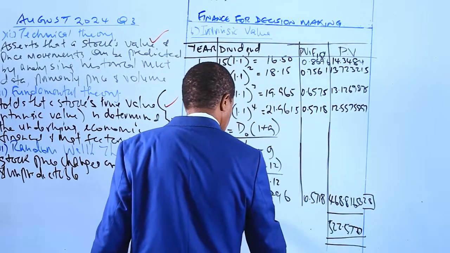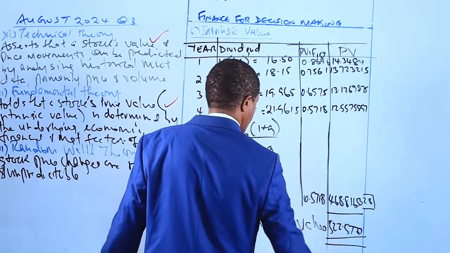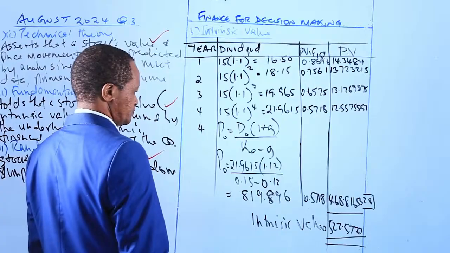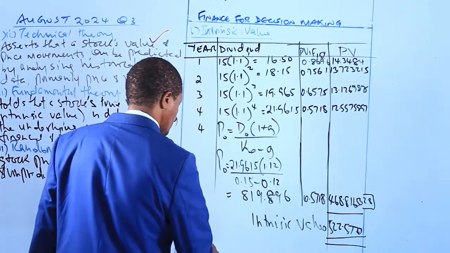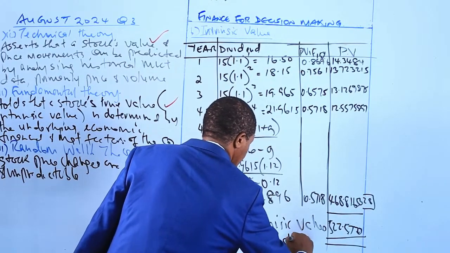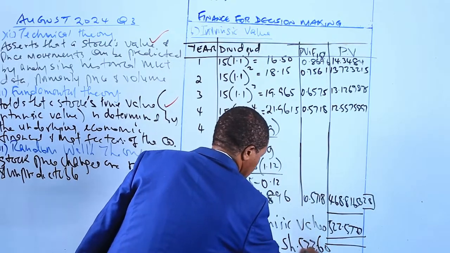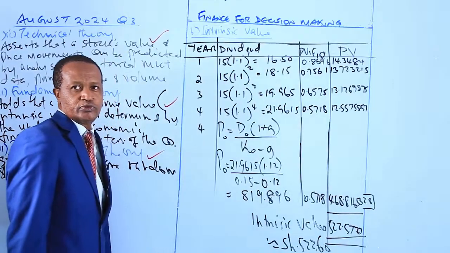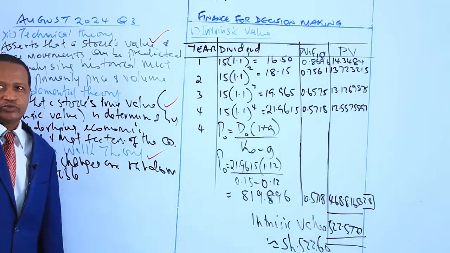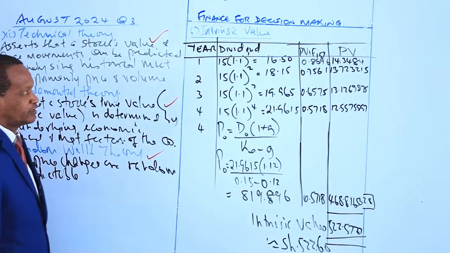So this is the intrinsic value. That is how to determine the intrinsic value of a share. So the intrinsic value is equal to shillings 522 and 60 cents. That is the intrinsic value.